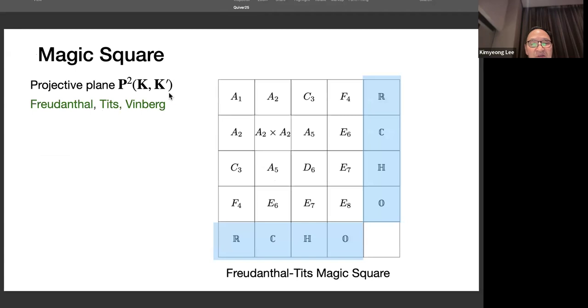Now, the magic square, which was discovered in the 50s and 60s by Freudenthal, Tits and Vinberg, is, I'm just giving a physicist's interpretation, the symmetry group of this projective plane, and this is the magic square. So as I said, R on R is A1, A2, C3, and F4.